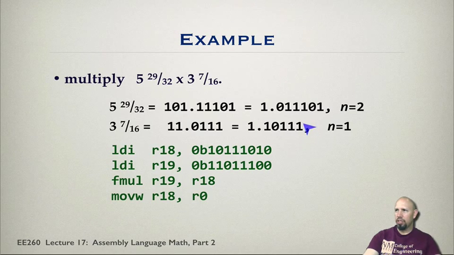Actually, I need to put some more zeros in here. And I have to shift 1. Okay, so I take these two numbers, I load them into registers 18 and 19, and I do the fmul of 18 and 19, and now I can move the result back into registers 18 and 19. So this is how I would actually do that, and it would multiply these two numbers together.